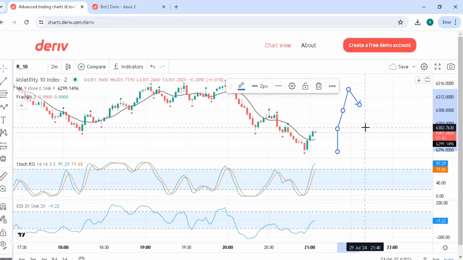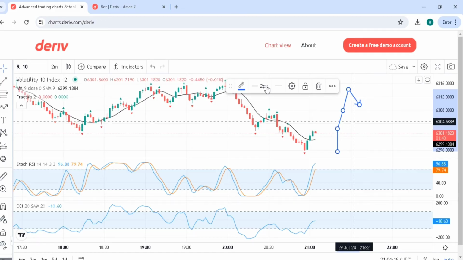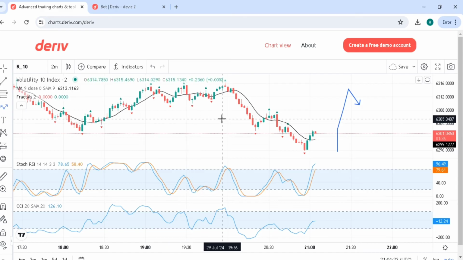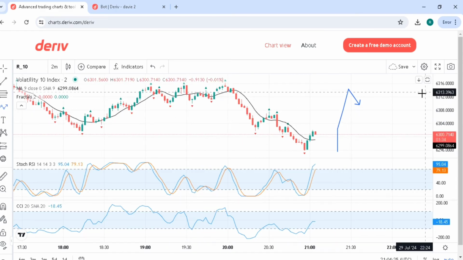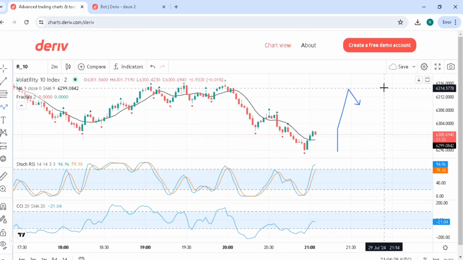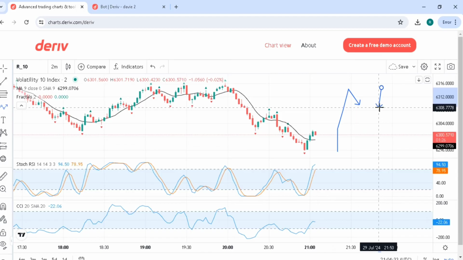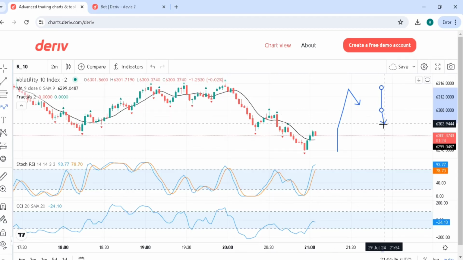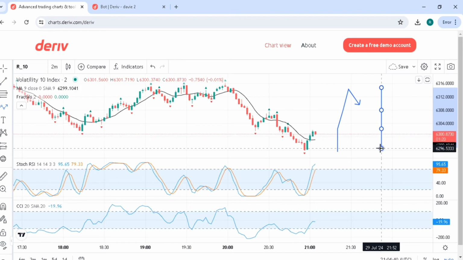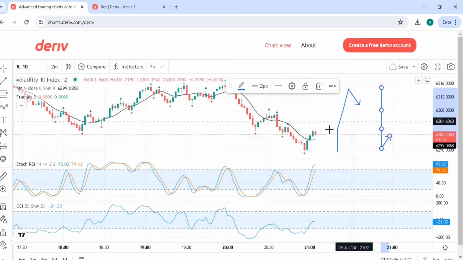Then that becomes an entry point. Now in the same breath, if it's a fall and it's a new candle pattern being formed, and it moves downwards once, then twice, then thrice, then it retests, you enter your market.